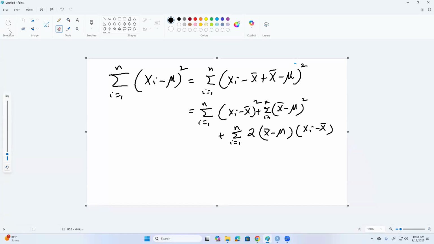One is 2, another is x bar minus mu, another is xi minus x bar. 2 is a constant, so I can take it outside of the summation sign. X bar minus mu is also a constant, does not depend on i. So I can take it outside of the summation sign. The remaining part is the sum of xi minus x bar.